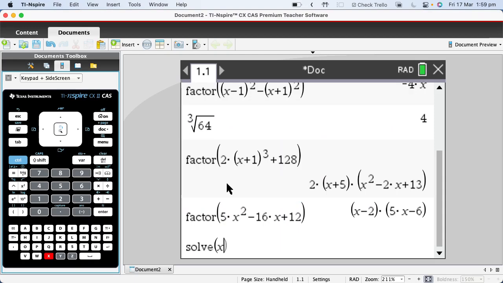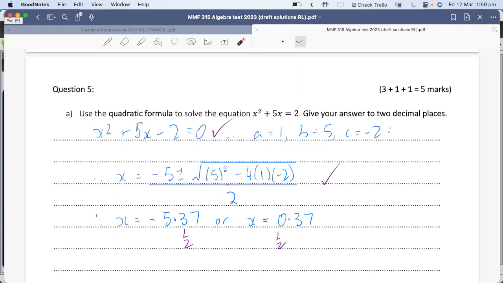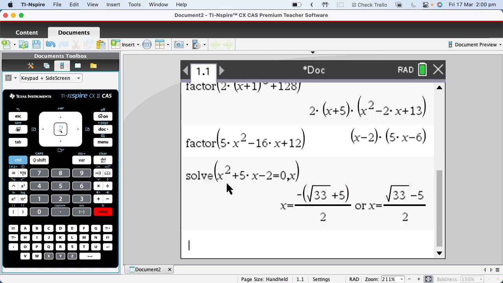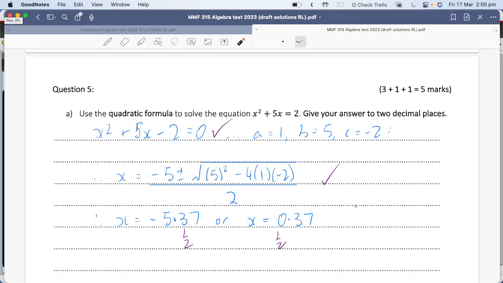And then I would put in x squared plus 5x minus 2 equals 0, comma x. You always have to put the comma in. And it will give you the exact answer, but it's not the answer I was asked for. So control enter, and there are my 2 numbers. It said 2 decimal places, so minus 5.37 or 0.37, and then you're done.